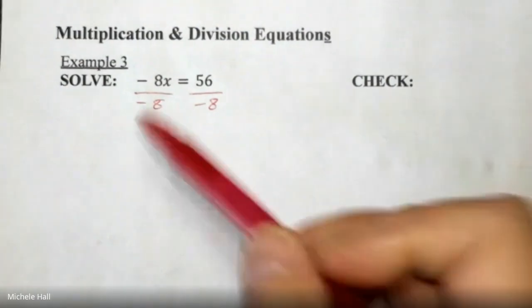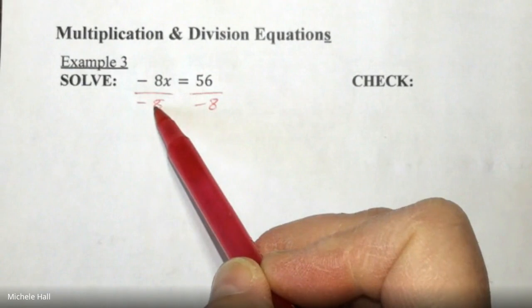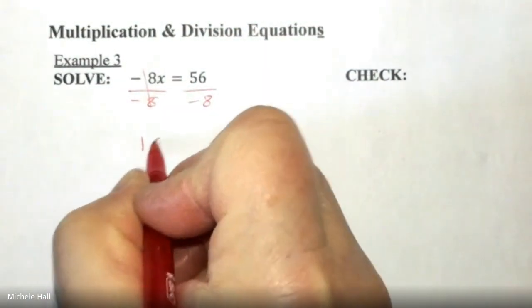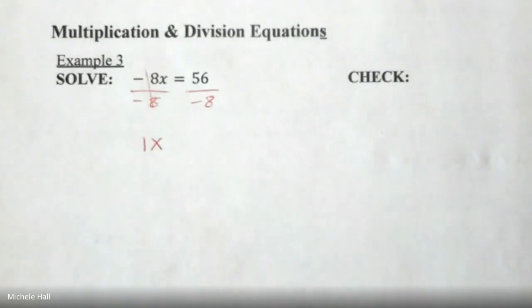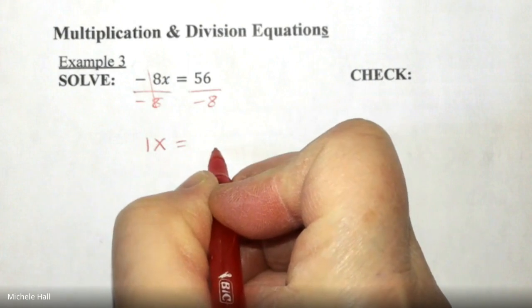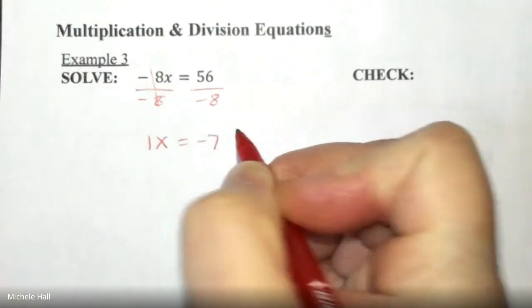So I see -8 divided by -8. That equals 1. It cancels, and I end up with a +1x. I need a positive variable. So -8 divided by -8 cancels to 1x. Perfect. And then 56 divided by -8? -7. So I have x equals -7.